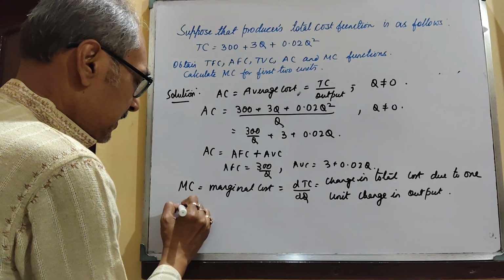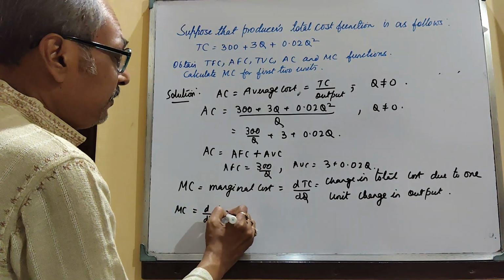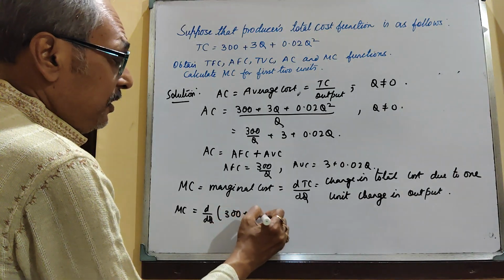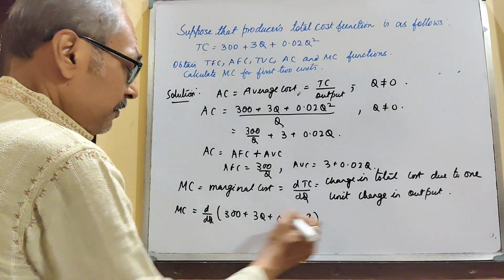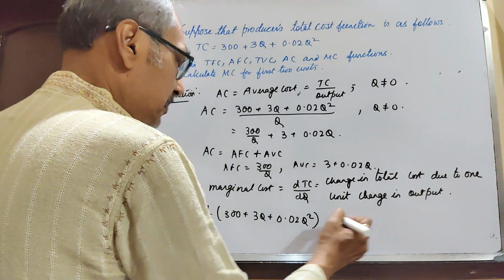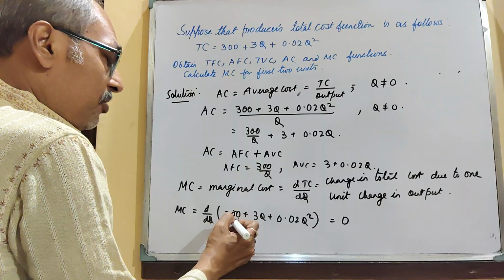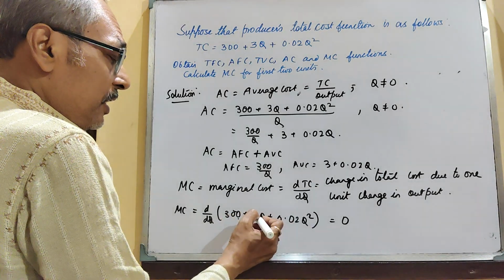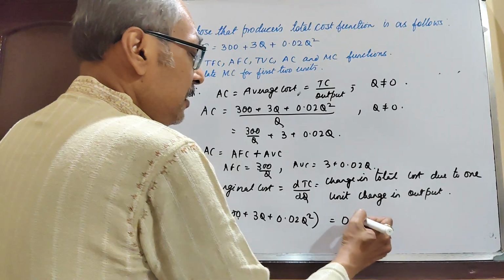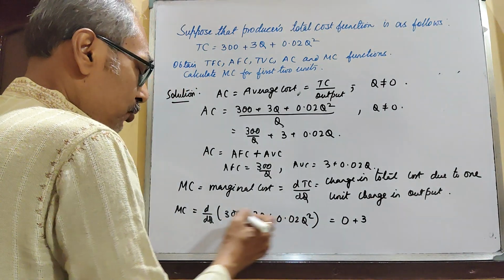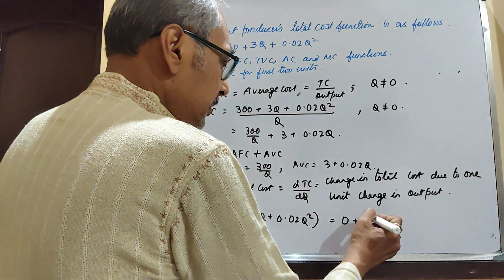Now MC equals d by dQ of 300 plus 3Q plus 0.02Q squared. We differentiate this: 300 is a constant term, and differentiating a constant term gives 0. Now we differentiate 3Q with respect to Q, therefore 3 comes here and differentiating Q with respect to Q is 1.